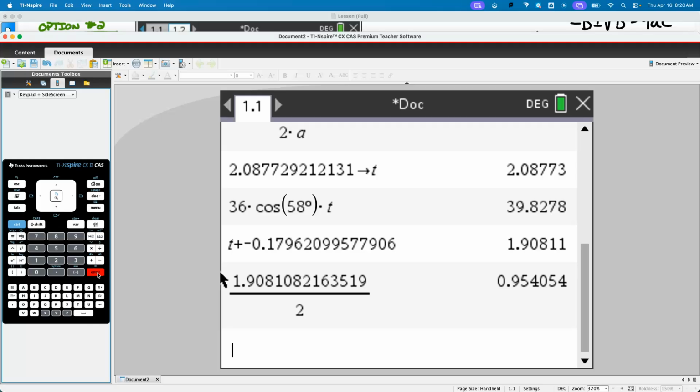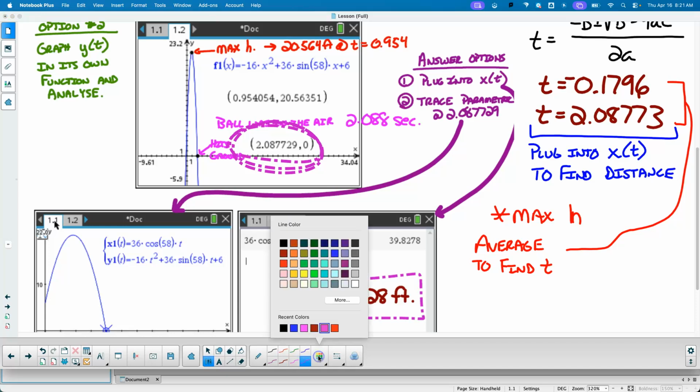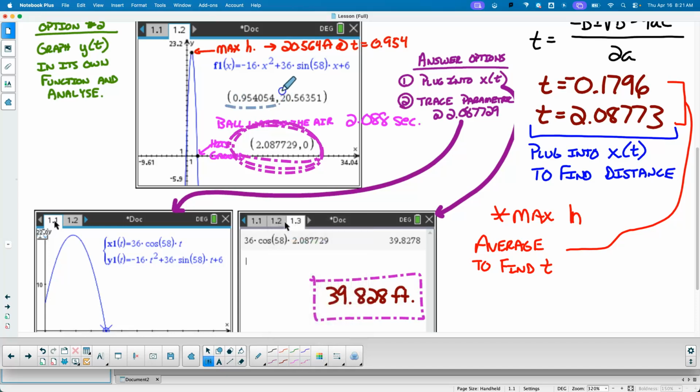So the t value for when the ball is at the maximum height is 0.954054. That's how they found that number.